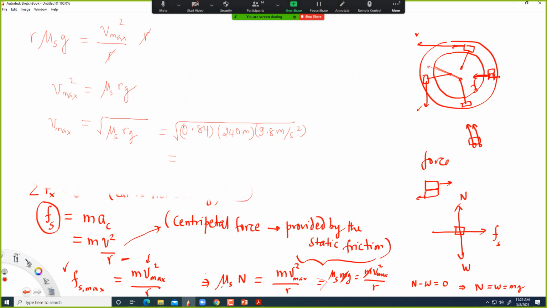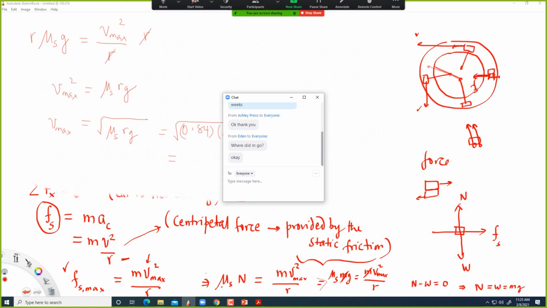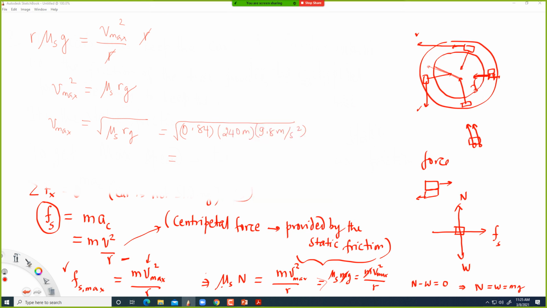So did you guys have any answer for this? 44.4 meters per second. Okay, so that's the maximum velocity you can have. If the velocity exceeds this one, then the friction won't be able to withhold the car. The car will slide off the road.